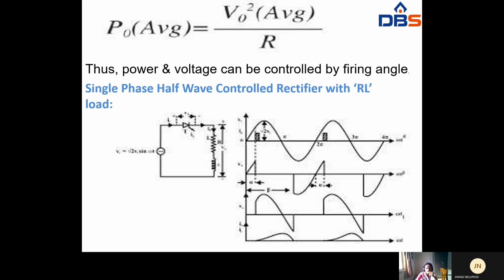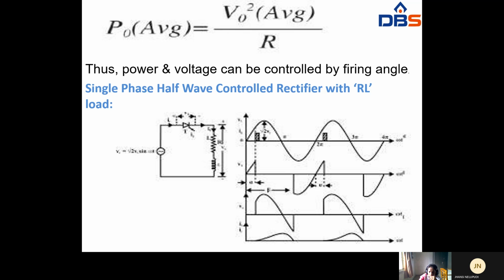So whenever giving a supply, the firing angle at alpha, when you trigger the thyristor, so this is a triggering pulse. When I am giving this triggering pulse at alpha, here the voltage will be obtained.